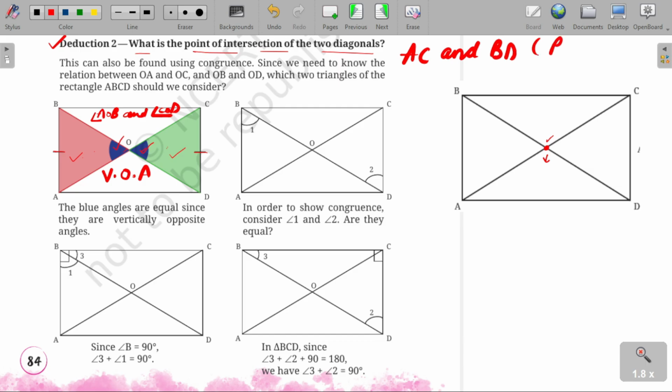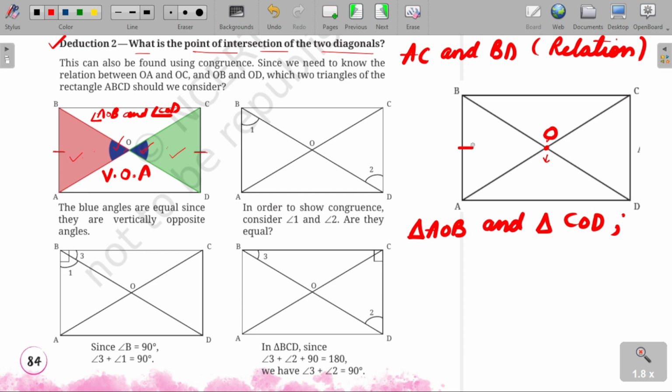For this, we will choose triangle AOB and triangle COD. We have one side equal and one pair of angles equal. Now we need the third parameter on which we can say that they are congruent.